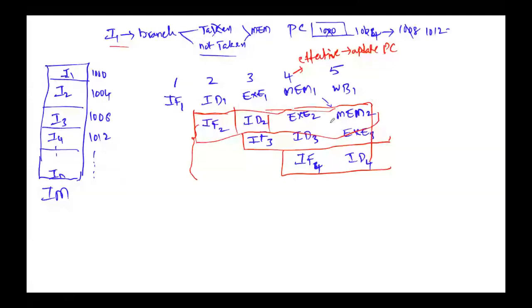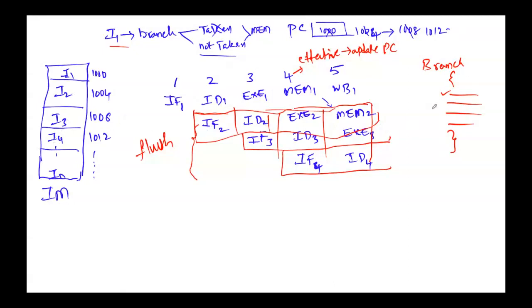We call this removal a flush: flush all these instructions and execute the instructions which are there in that branch. Once that branch is taken, whatever sequence of instructions is in that branch will be taken into consideration instead of I1, I2, I3, I4.